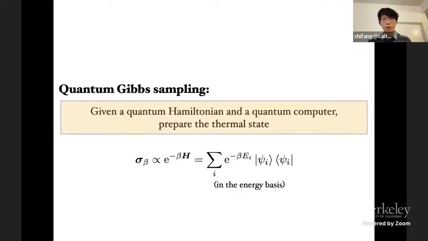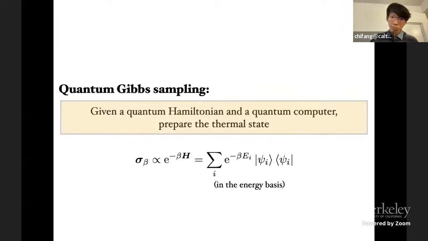It's a density matrix which is diagonal in the energy basis, and these energy states are weighted by this Boltzmann factor exponential minus beta E, where E is the energy. If you make beta equal to 0, this is the maximally mixed state. If you make beta very large, then this is the ground state. Okay, so you want to go to a lower energy state.